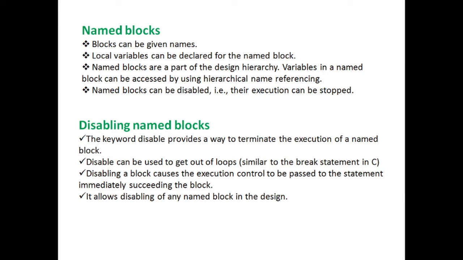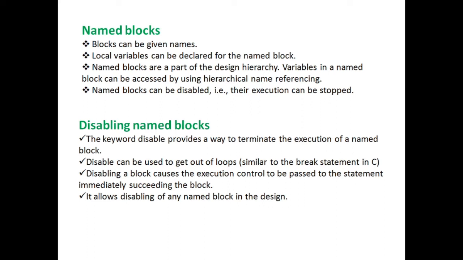To access the CSE department, I have to access the AB2 block first, then the CSE department, and then fetch the particular year and classroom in the CSE department. This is the order in which I access any classroom. Similarly, to access a variable in a named block, I need to follow hierarchical name referencing.